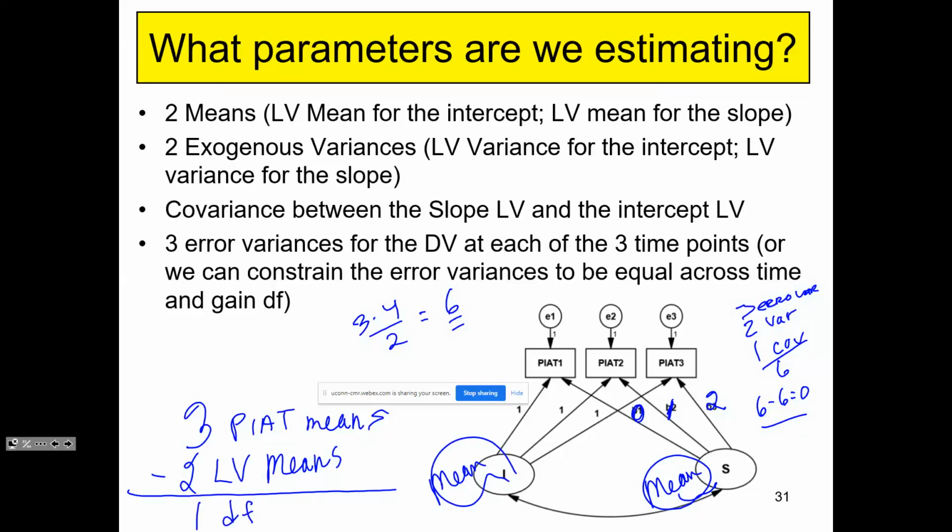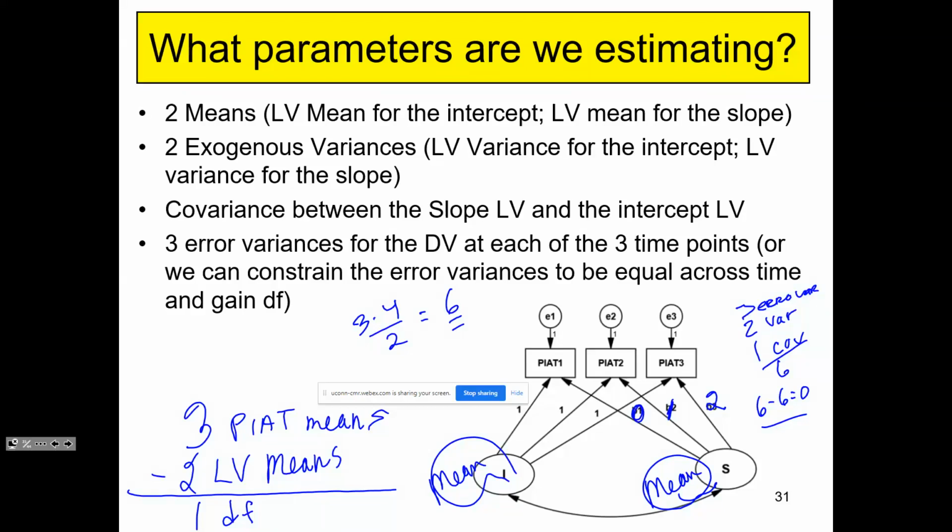A really cheaty way, and don't do this by the way, to get this model to fit would be to freely estimate any one of these 3 intercepts. If you did that, you would eat up that last degree of freedom, and the model would fit perfectly. You'd get a 0 DF model, a chi-square of 0 with 0 DF. It wouldn't tell you anything, though you'd get parameter estimates.